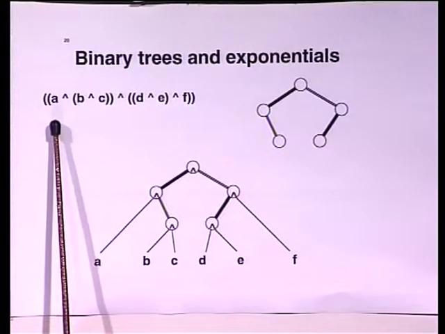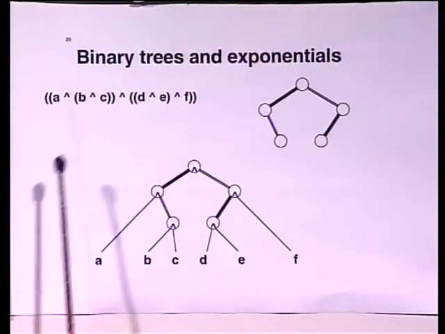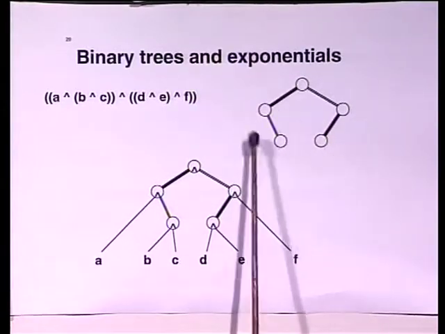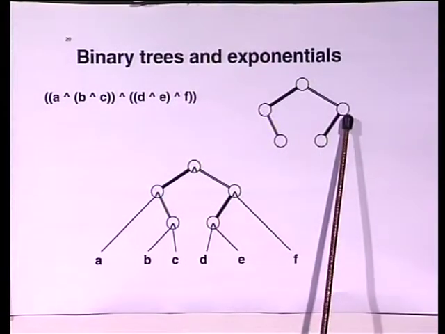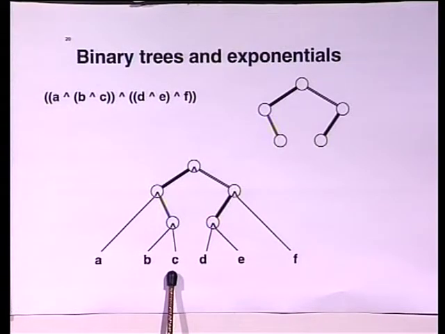So here we have an expression which uses 1, 2, 3, 4, 5 exponential signs, and here is the binary tree that it corresponds to, and you can see that it does by looking at this piece of the diagram, where we can see that b to the power c is a number that has to be computed first.